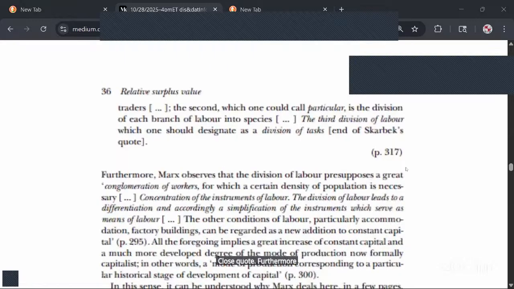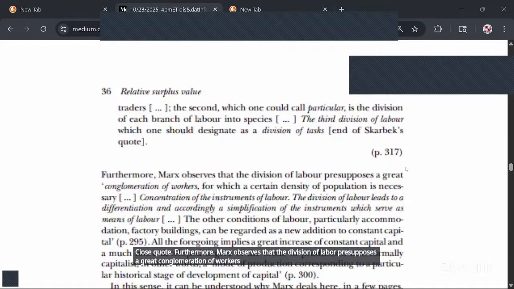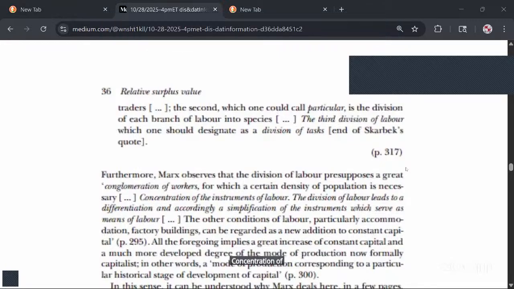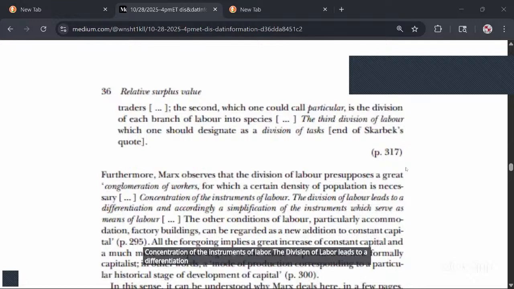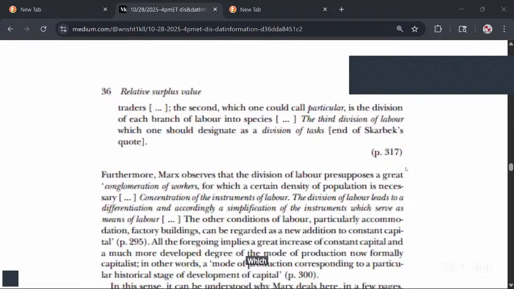Furthermore, Marx observes that the division of labor presupposes a great conglomeration of workers, which for a certain density of population is necessary, concentration of the instruments of labor. The division of labor leads to a differentiation and accordingly a simplification of the instruments which serve as means of labor.